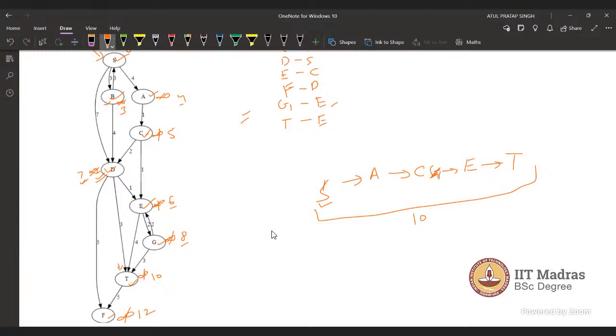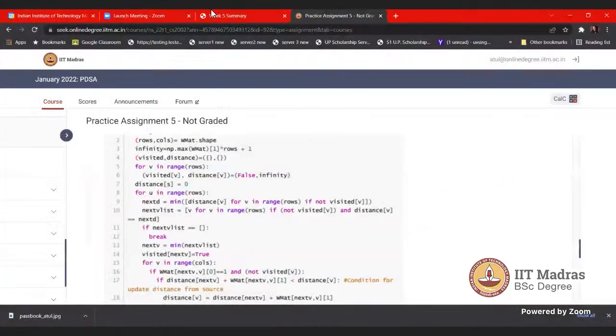So we can apply the BFS algorithm to find the shortest path in terms of the number of edges. Okay, so now this is the topic.